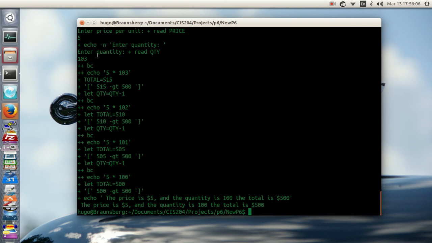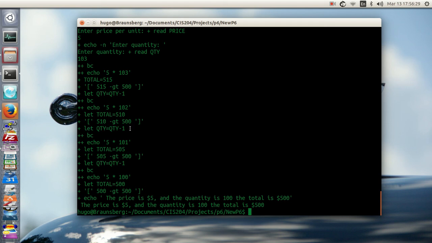This is what happens. The binary calculator runs. Echo 5 times 103, total equals 515. 515 is greater than 500. Let quantity equal quantity minus 1. Run the BC. Echo 5 times 102, total equals 510. 510 is greater than 500.